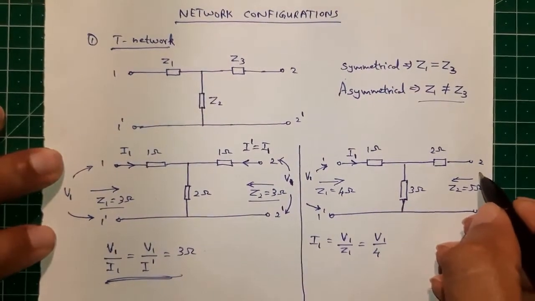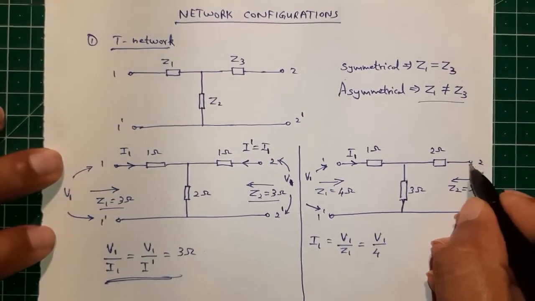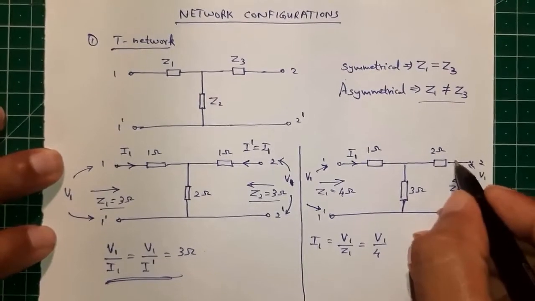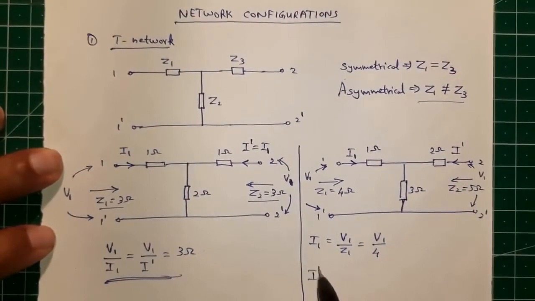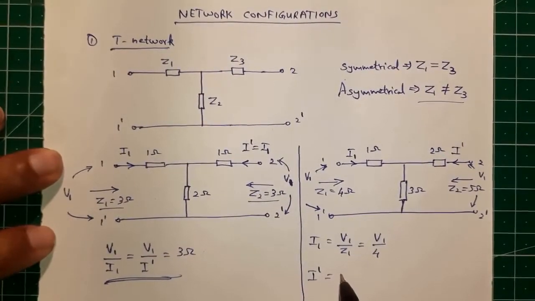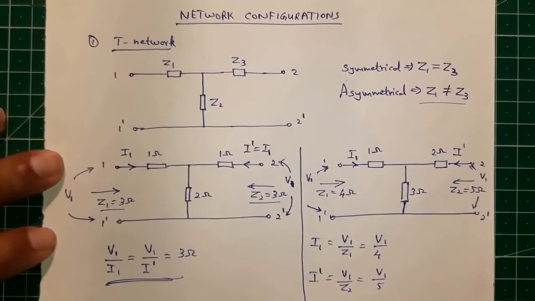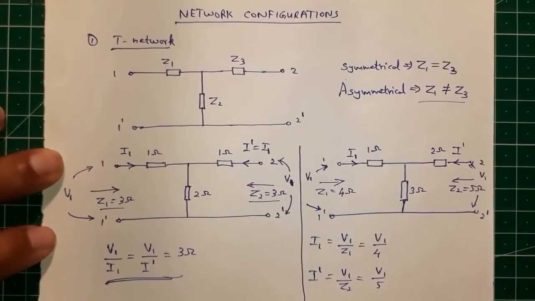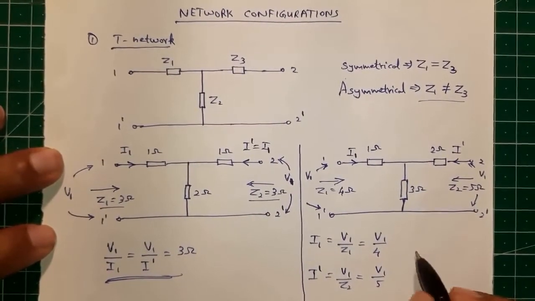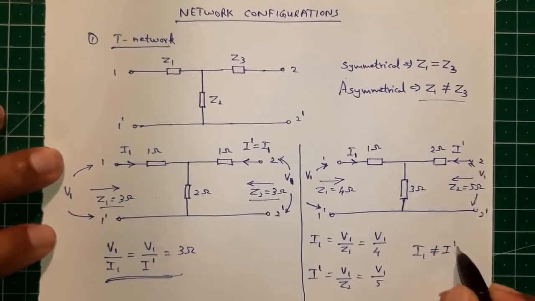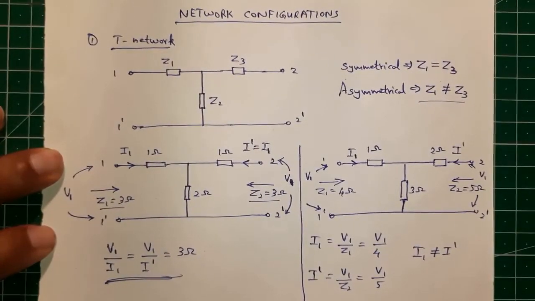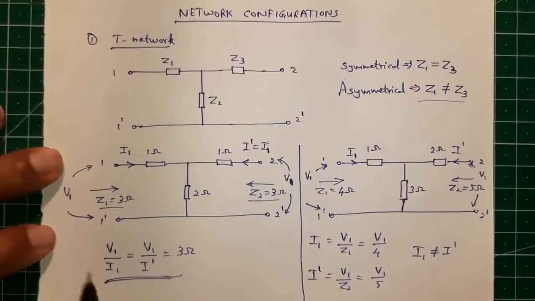And we apply the same voltage V1 here and observe the current I dash. What is I dash? It is equal to V1 by Z2, which is V1 by 5. So we can prove I1 not equal to I dash.